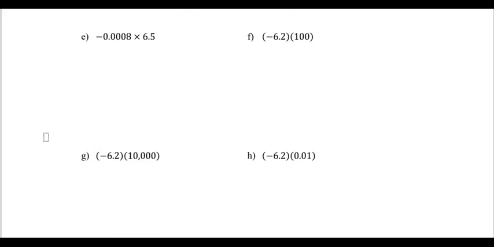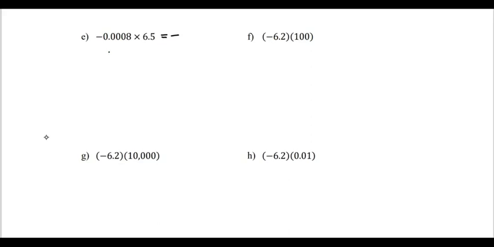All right. So moving along, here we have negative 0.008 times 6.5. The answer is going to be negative. And then I can do, I am going to start with the 6. Should I start with 6.5?